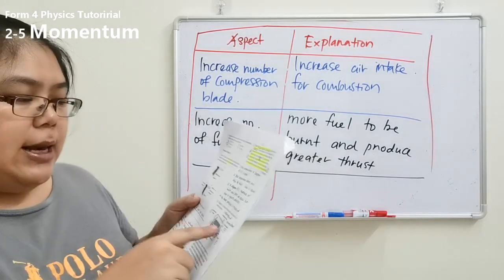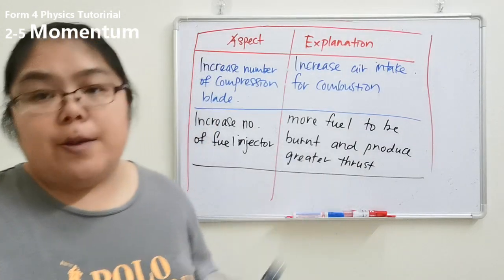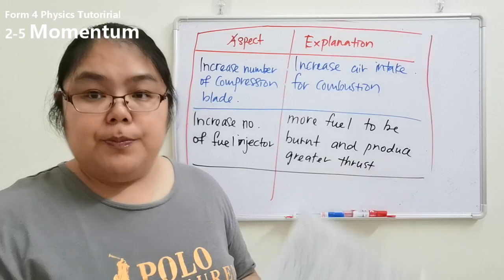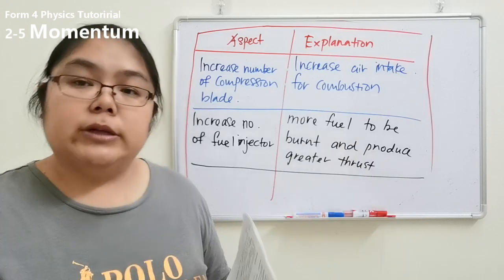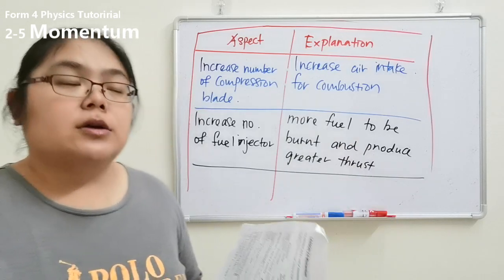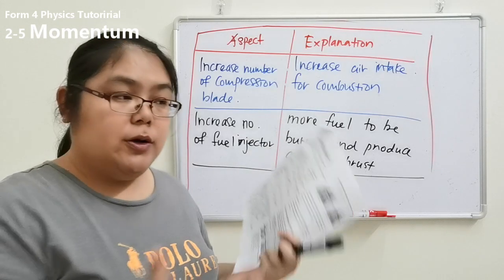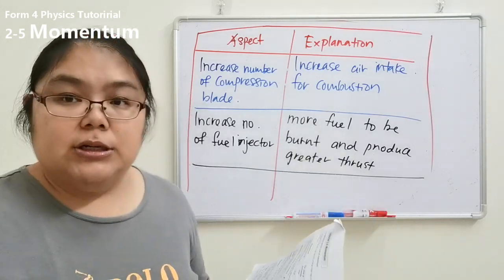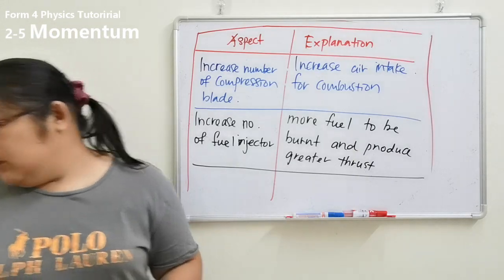Third point here, the label is a combustion chamber. Combustion chamber is a space to let the kerosene, the fuel, be burned. Because we are using more fuel already, the size of the combustion chamber must be larger. Okay, so now we continue.